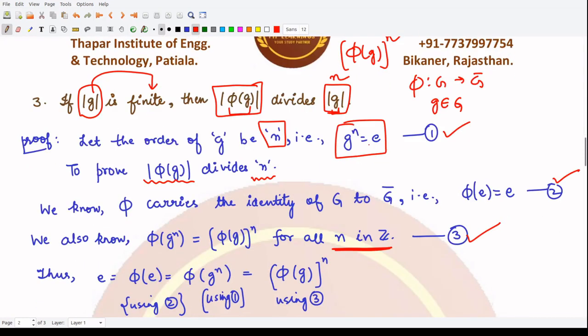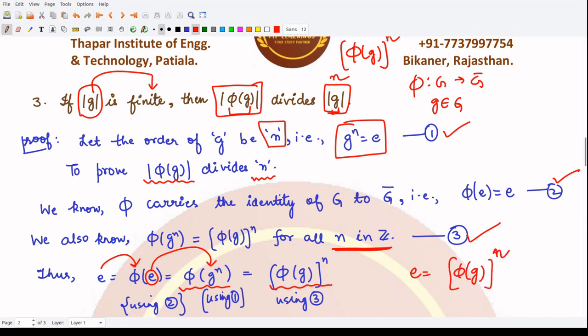You can write e as phi of e using the second result, and then you can write this e as g raised to power n because we know the order of g is n. So according to the first equation, it is phi of g raised to power n. Then according to the third result, you can write the whole thing as phi of g whole raised to power n, correct? So from here you obtain e is equal to phi of g whole raised to power n.